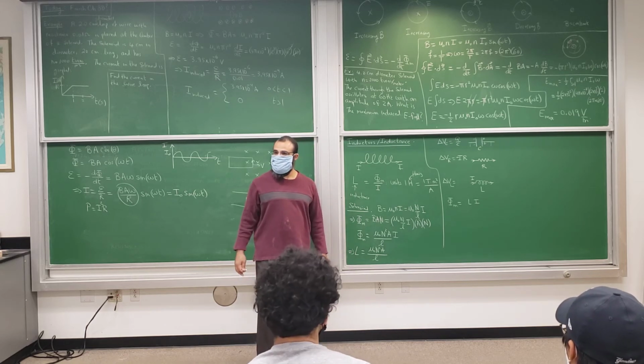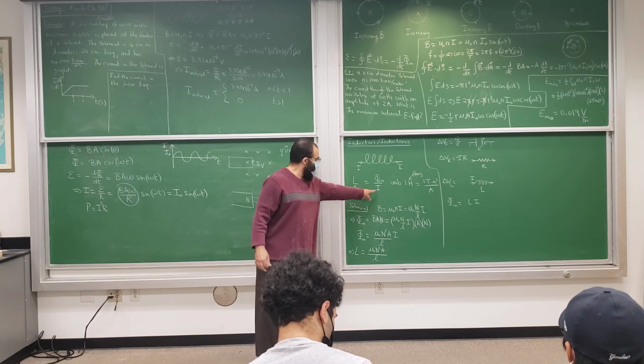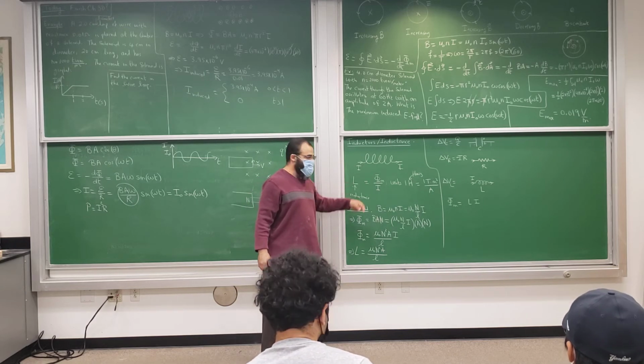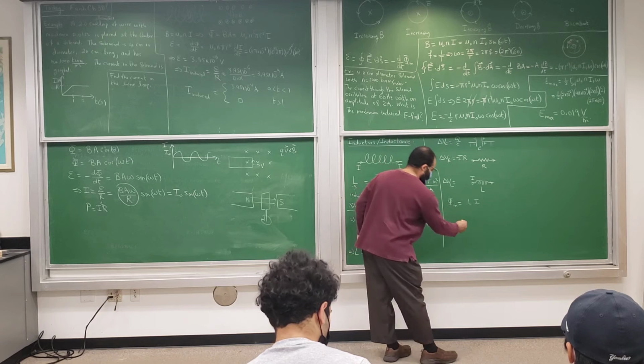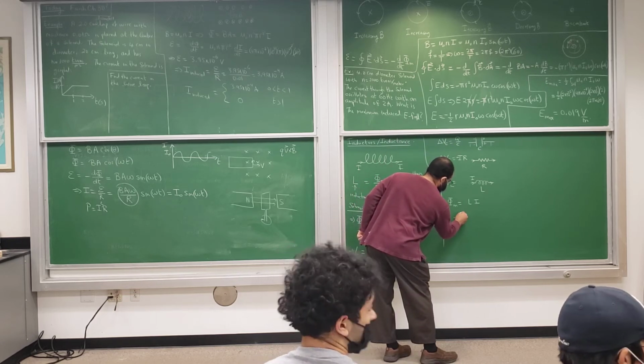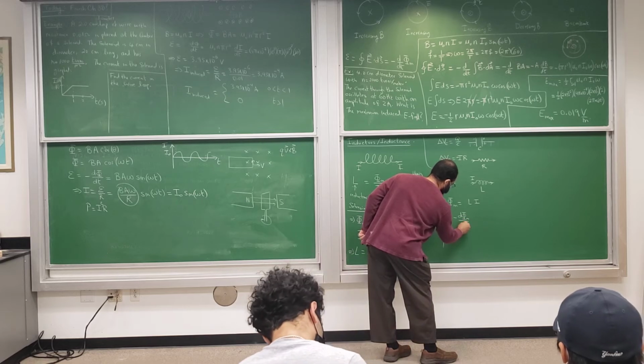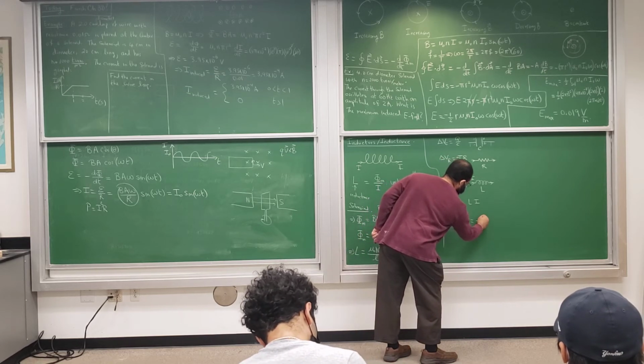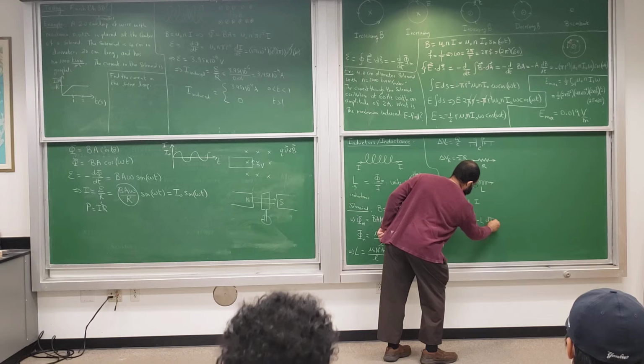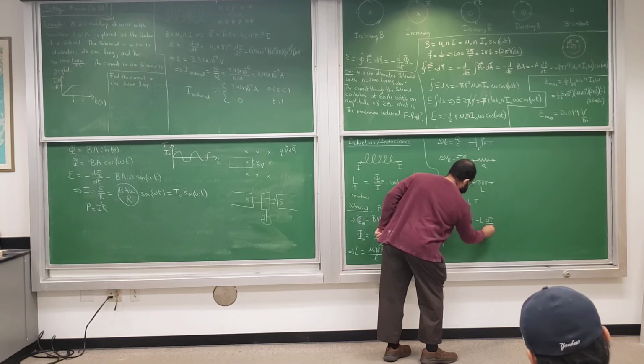So far, are you with me? I just multiplied both sides by I. Now take the derivative of both sides with respect to time. So that's minus d phi dt, which would be minus L di dt.